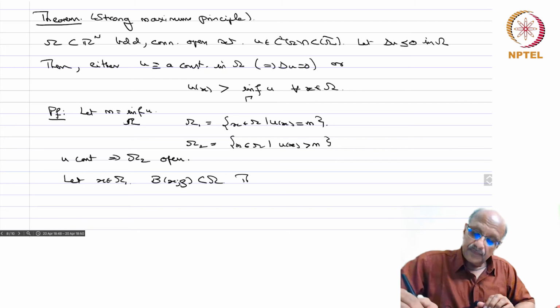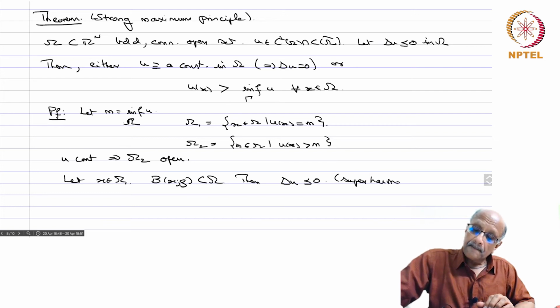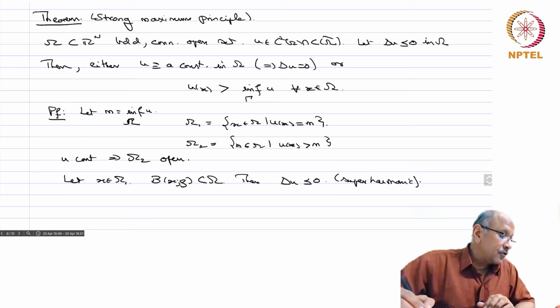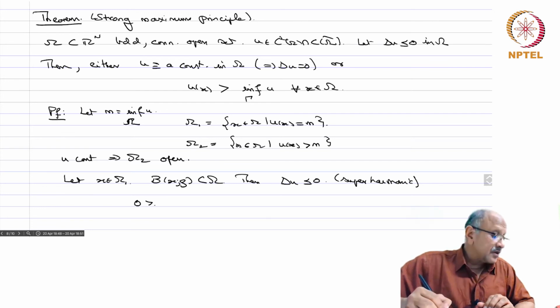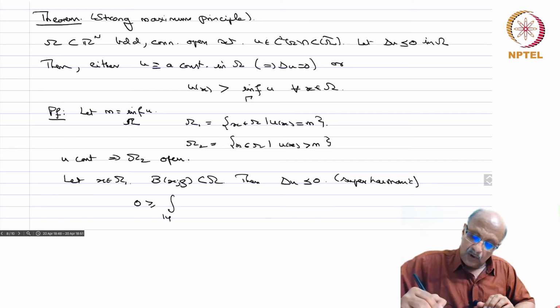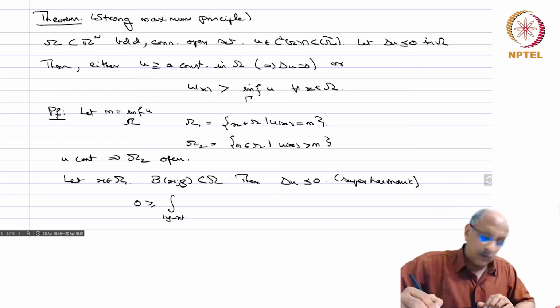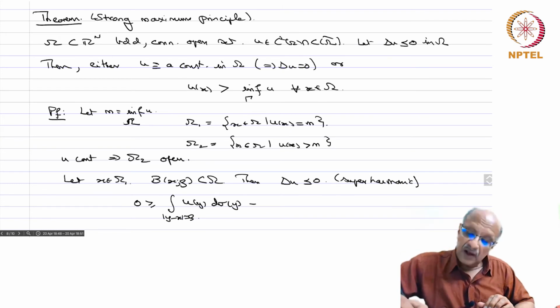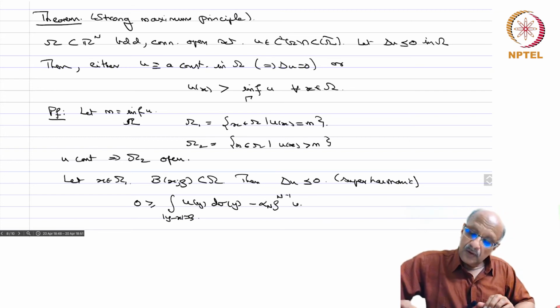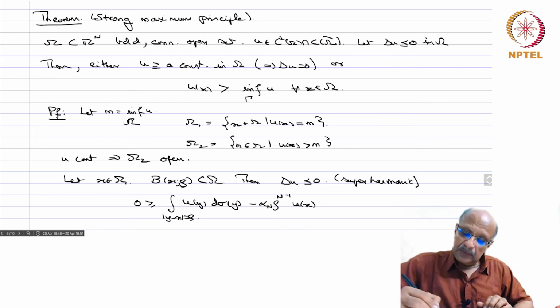Then delta u is less than or equal to 0, so superharmonic, and therefore you have that 0 is greater than or equal to the integral over |y minus x| equal to rho of u(y) d sigma(y) minus alpha n rho to the n minus 1 times u(x), because u(x) will be bigger than the average.